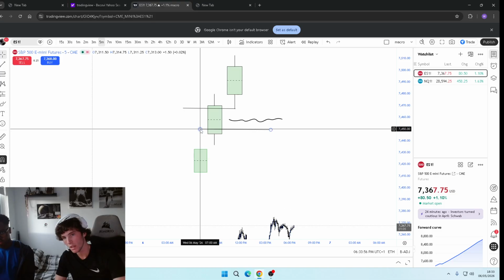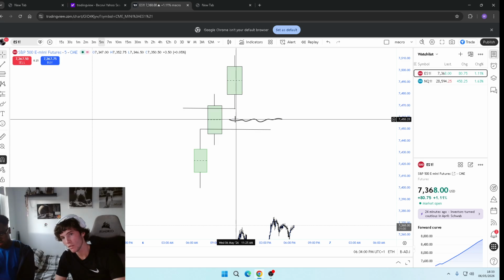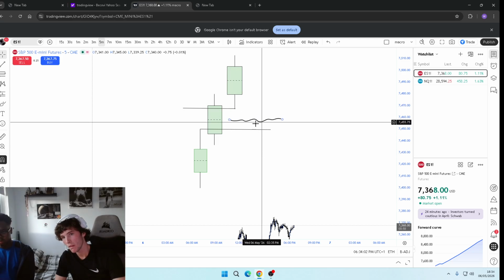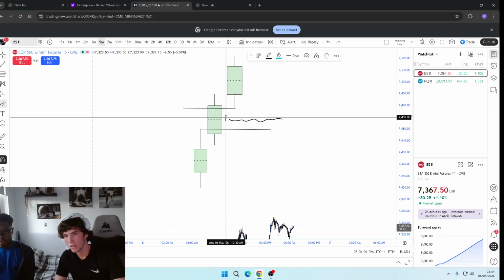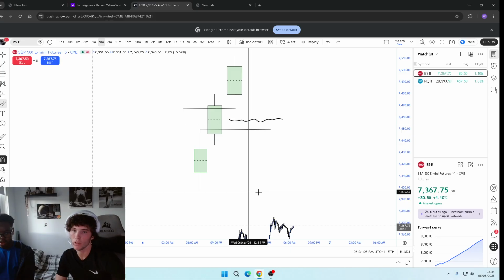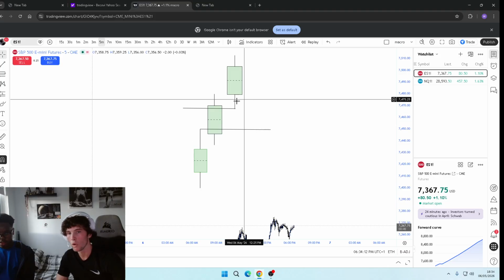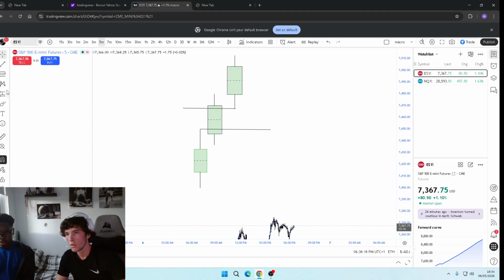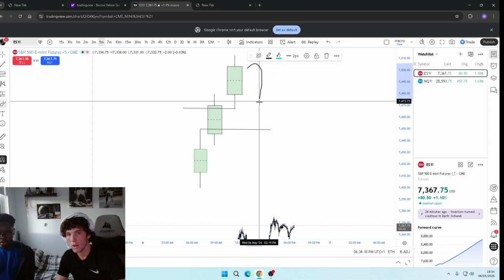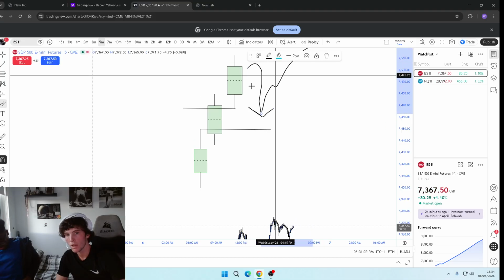So this wick ends right here, and that wick ends right here, and you see there's a gap here. That's a fair value gap. What the market has the chance to do is come back down, fill this, and then push on up higher.